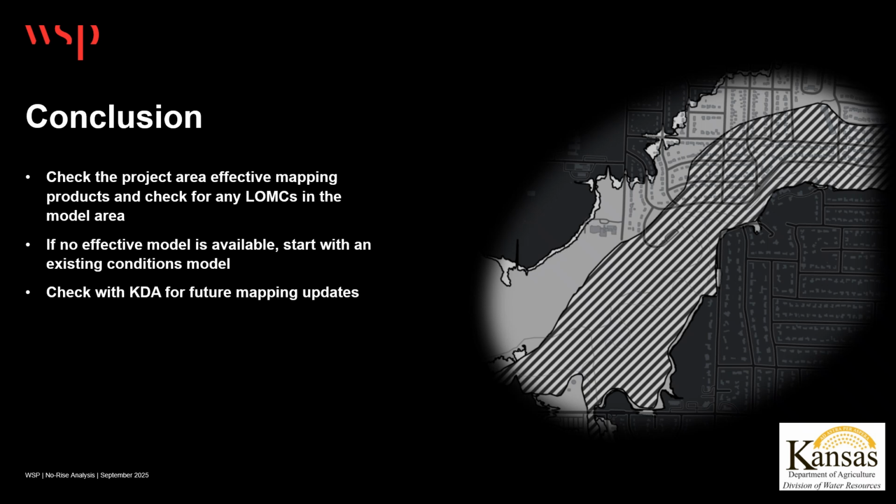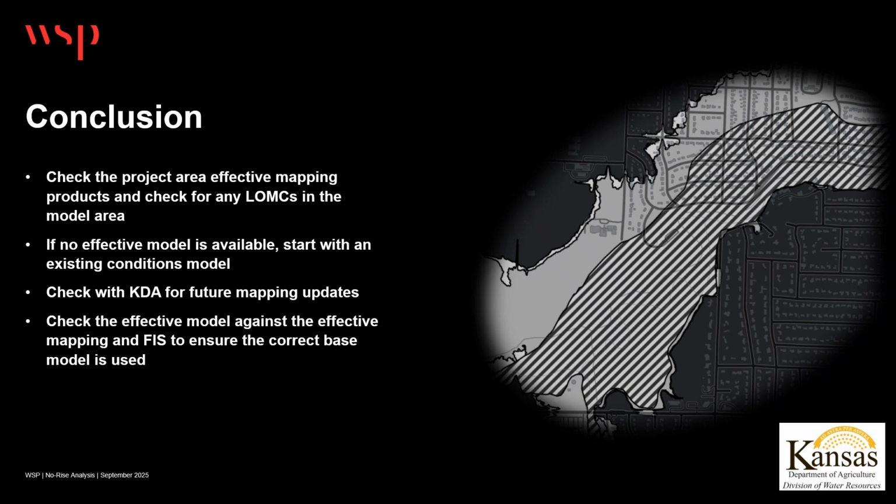But always check with KDA to see if there are any future mapping updates that are underway, because a model may already be created that will work for your existing conditions model. If you do have an effective model, make sure you check against the effective mapping and FIS to ensure that you have the correct base model.